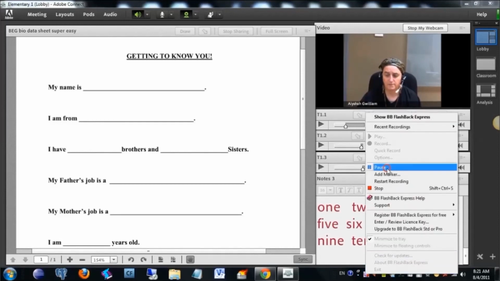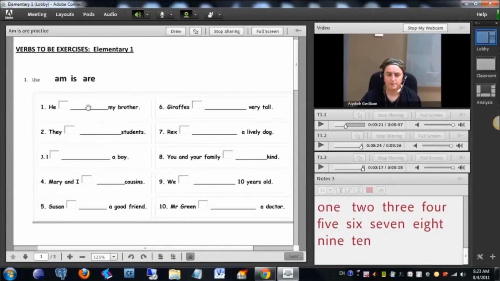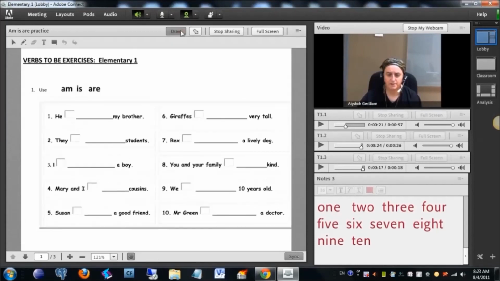Okay, I want you to look at the next handout. Verbs to be exercises. This is for the elementary one. This is a revision exercise on today. I want you to write am, is, are in the spaces here. Let's see how much you can remember. Here is the answer for this one. He is my brother.